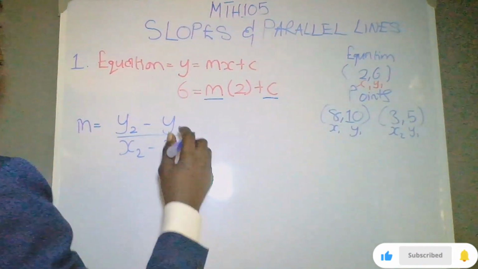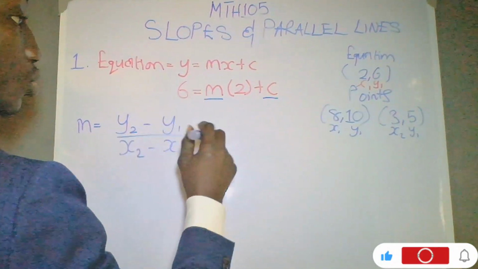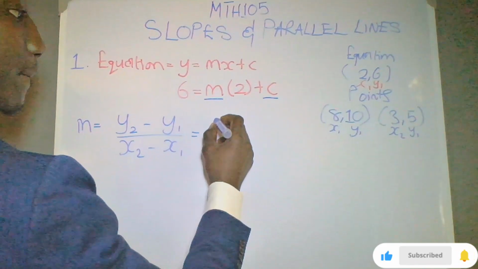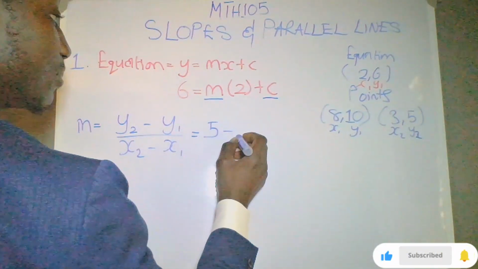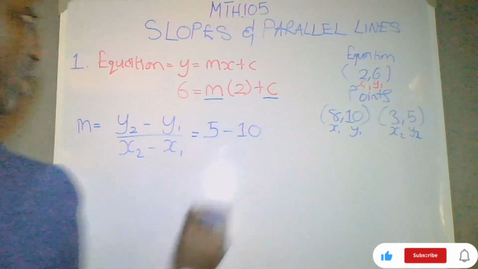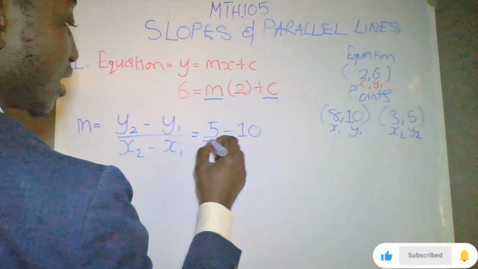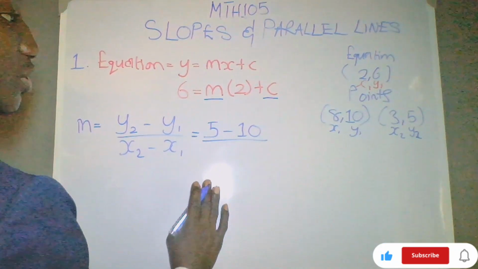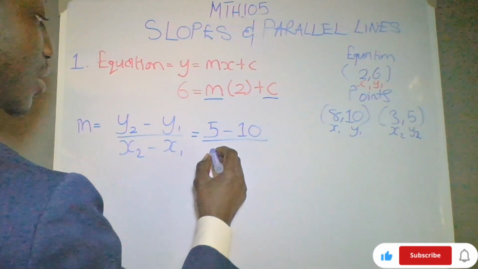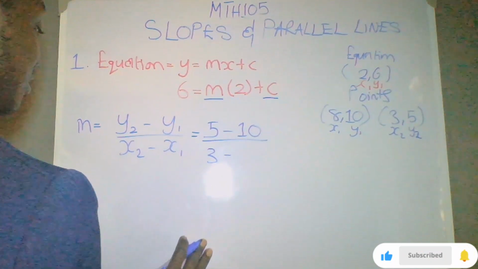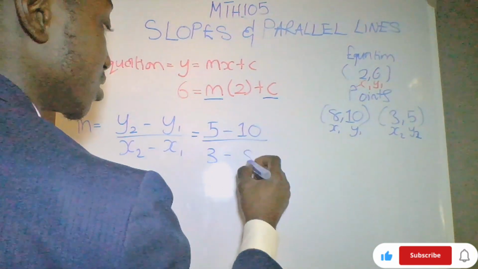Then we plug this in: y2 is 5 minus y1, which is 10, over x2, which is 3, minus x1, which is 8.